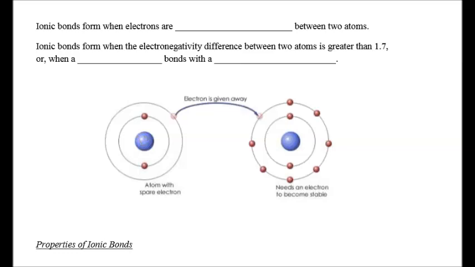Ionic bonds form when electrons are transferred from one atom to another. If we use table S and we looked at electronegativity, an ionic bond forms when the electronegativity difference between the 2 atoms is more than 1.7. But we're going to generally just say an ionic bond forms when a metal bonds with a non-metal.